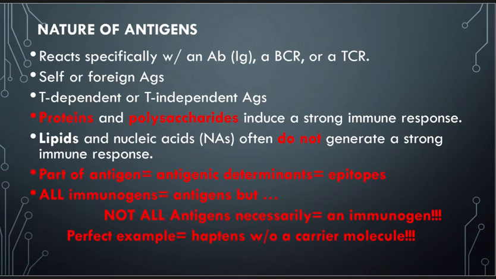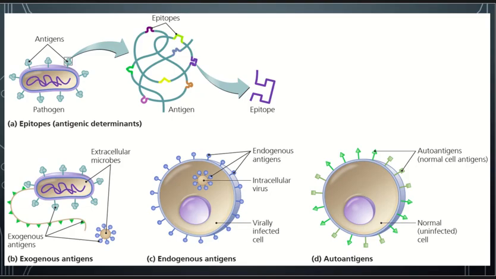So, antigenic determinant is the term we use for the specific site on an antigen that is recognized by components of the immune system. When we say antigen, each pathogen has hundreds to thousands of these antigens.